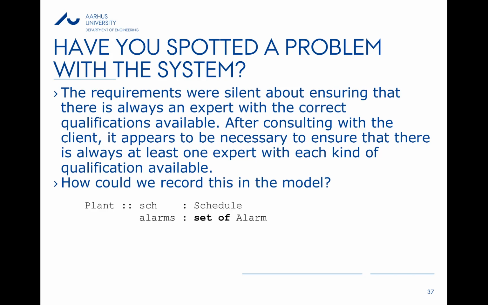Well, if we look at the plant, the top level spec, it looks like this. I can write an invariant that states that we have a schedule and alarms inside my plant.